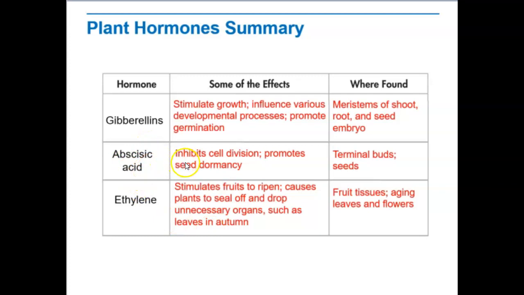The abscisic acid inhibits cell division. It's found in terminal buds, or end buds, and seeds. And then ethylene stimulates fruits to ripen, and it causes plants to seal off and drop unnecessary organs like leaves in the autumn. It's found in fruit tissues, aging leaves, and flowers.